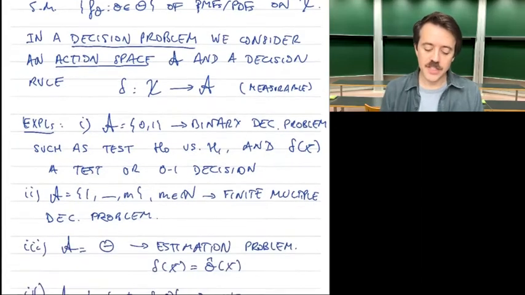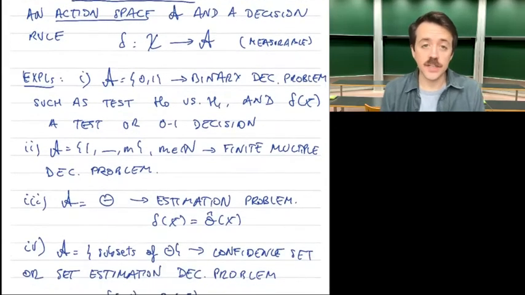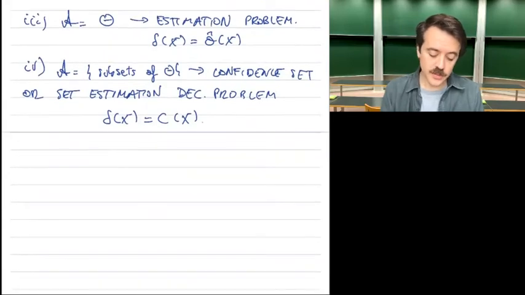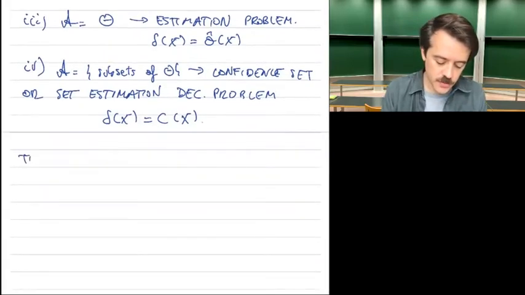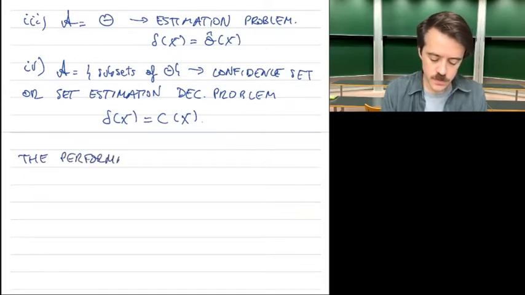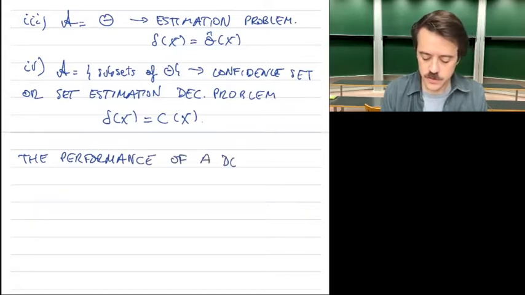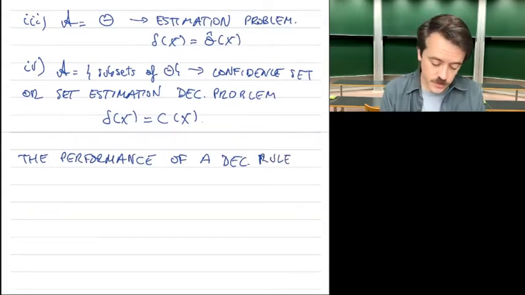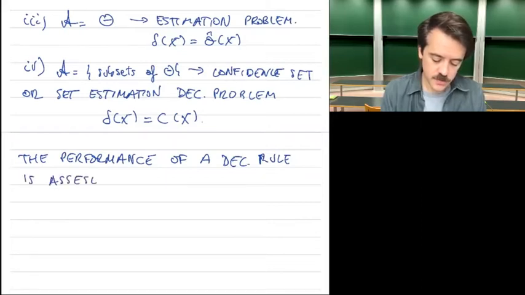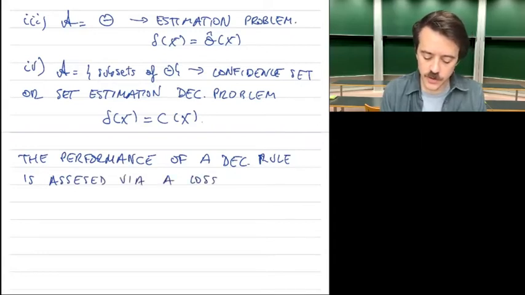Now, if you have a decision rule, then you want to assess how good it is, right? So how do we do that? Well, the performance of a decision rule is assessed via a so-called loss function.